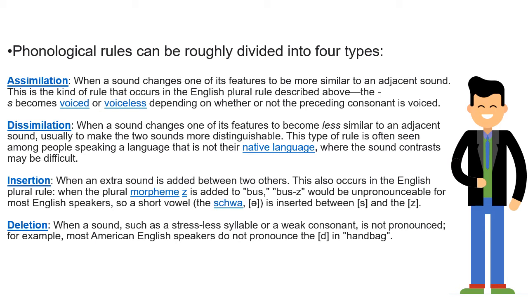The last one is deletion. When a sound, such as a stressless syllable or a weak consonant, is not pronounced, for example, most American English speakers do not pronounce the D in handbag. Handbag.